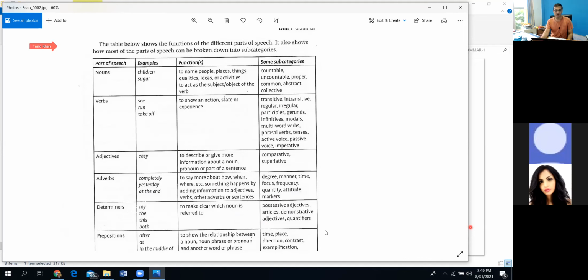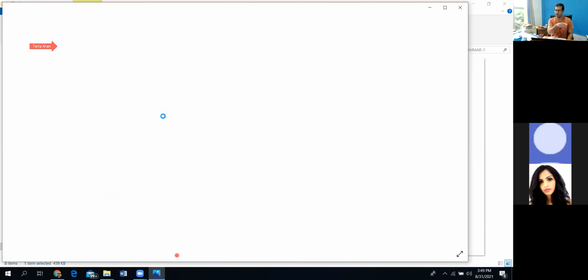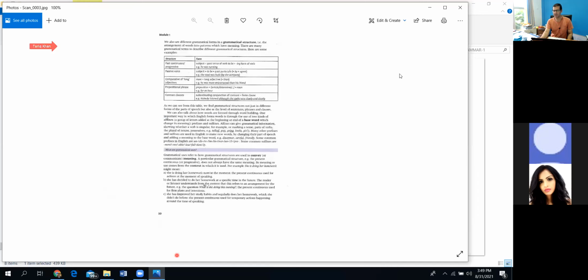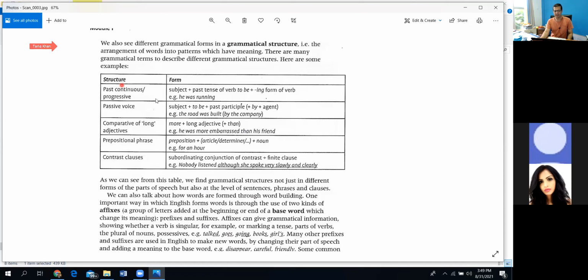Right. So we will go to the next page. That's the first area in which you will be tested. Now the second area you are going to be tested on is this. We also see different grammatical forms.